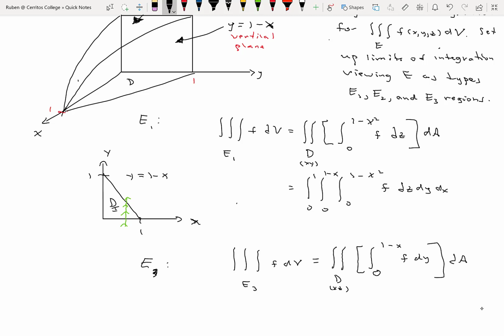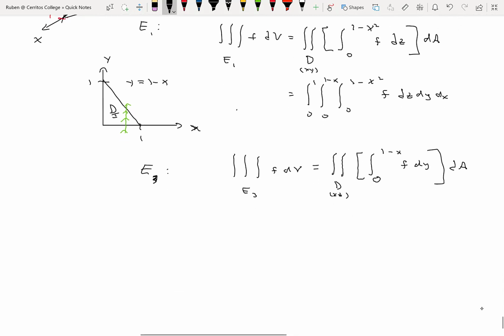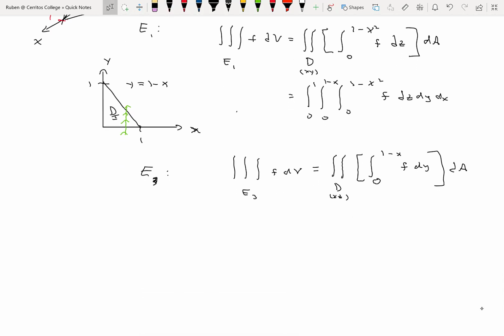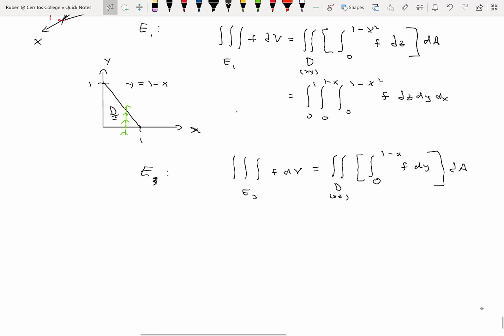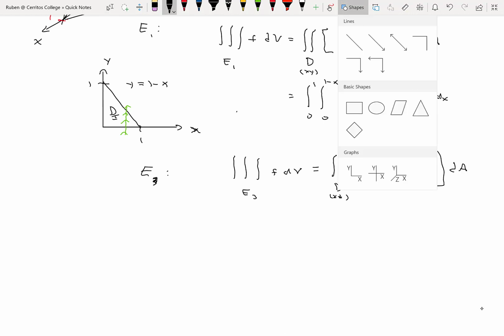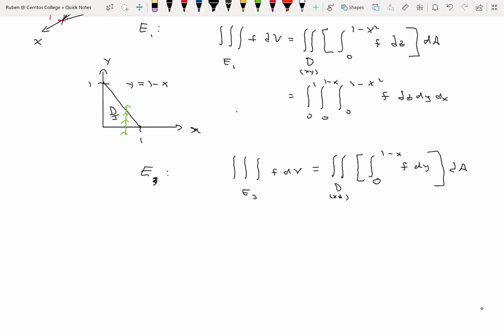Okay, so just as before, this double integral requires that we understand what our projection looks like in the xz plane. So now I'm going to draw just that projection that I need for the double integral in the xz plane.